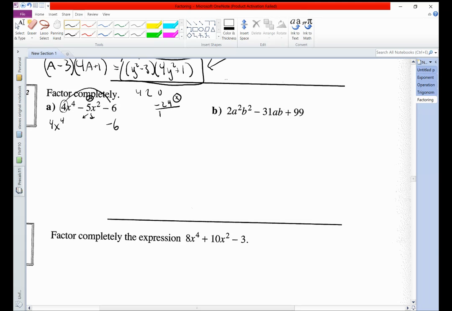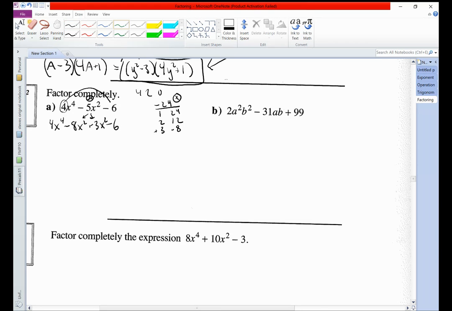You can do 1 and 24 plus or minus, 2 and 12 plus or minus, 3 and 8 plus or minus, which actually would work. So if we're looking for -5, if we do +3, -8, that would work. So let's do -8x squared plus 3x squared.